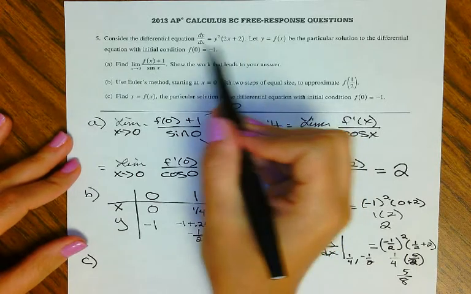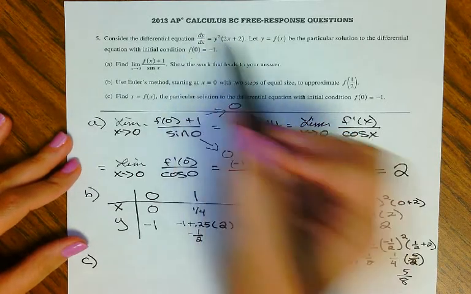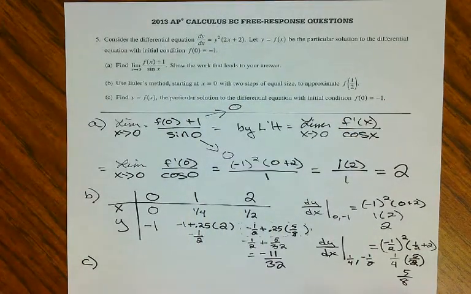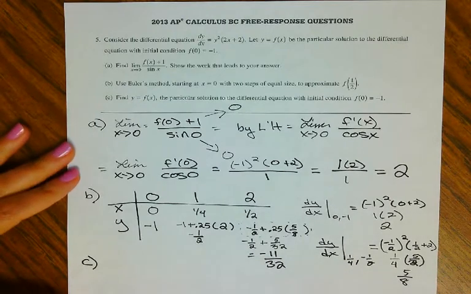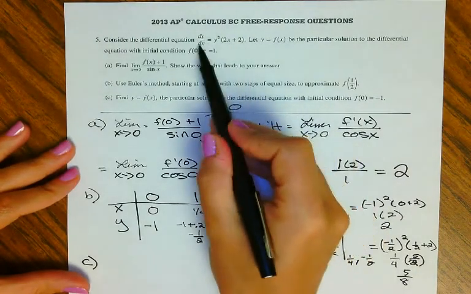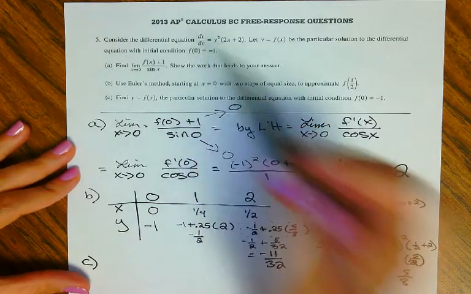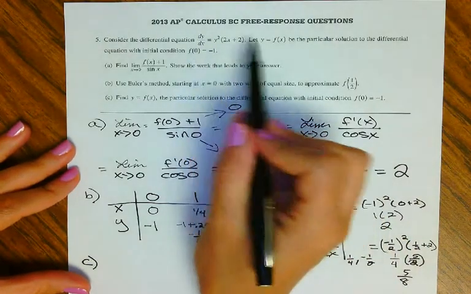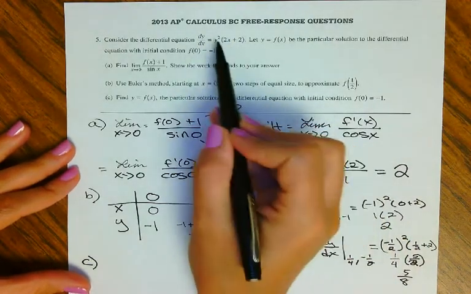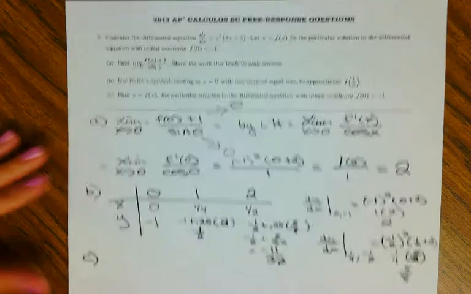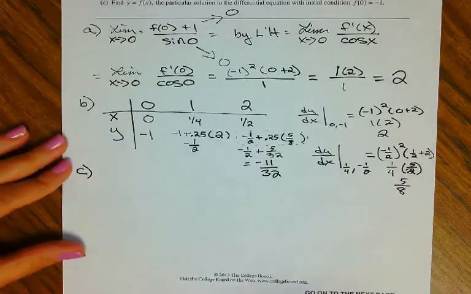What you'll notice, this is a differential equation because you've got x's and y's on both sides. The first thing you want to do to get any points for this is you need to separate your variables, meaning that your x's need to be with dx's and your y's with your dy's. I would probably start by multiplying both sides by dx and then dividing by y squared on both sides.